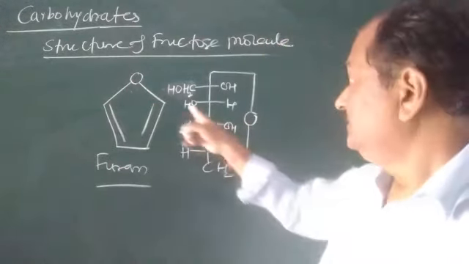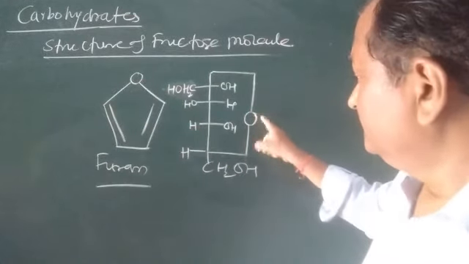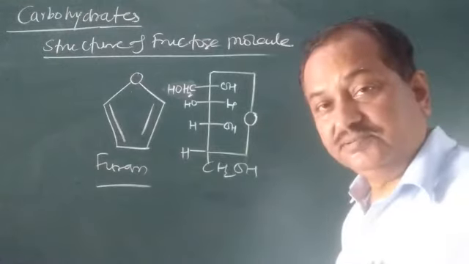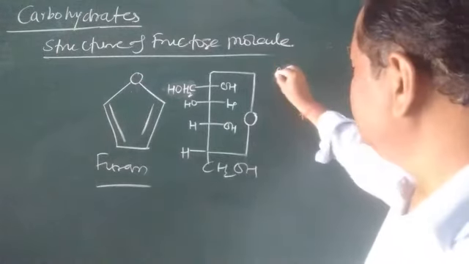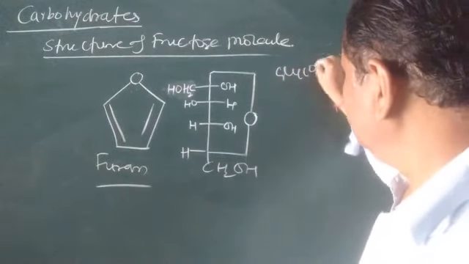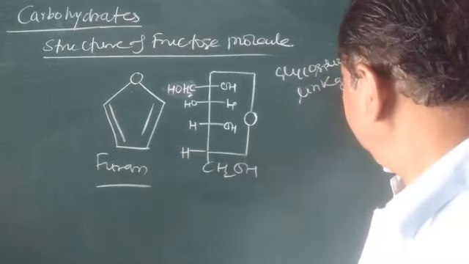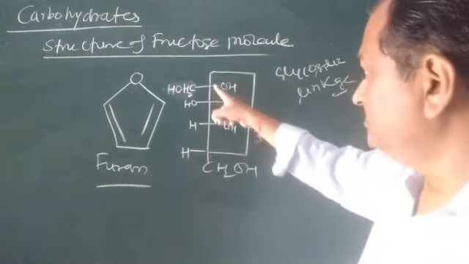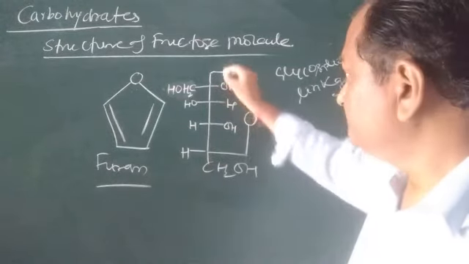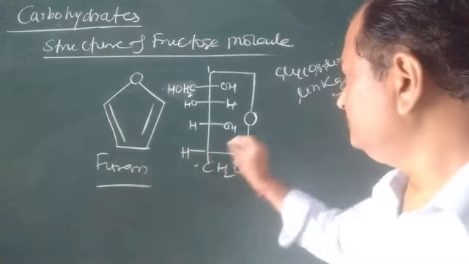Here similarly this is ketonic, and there is this oxygen, more precisely a glycosidic linkage, between, say, C2 and C5. This is 2, this is 5, so it is there.